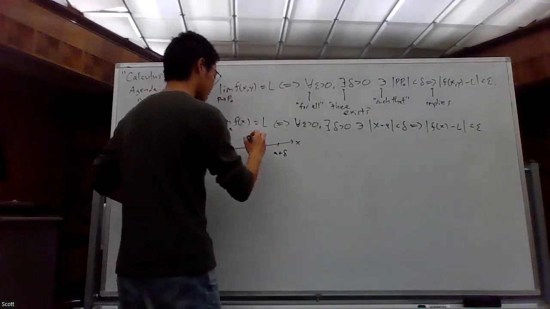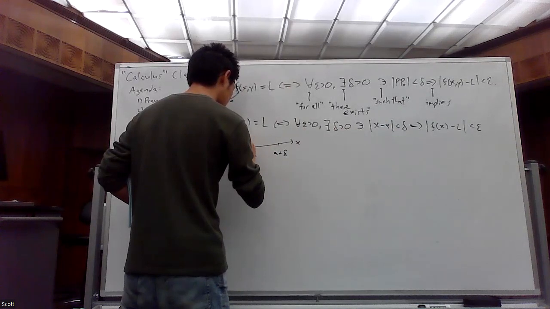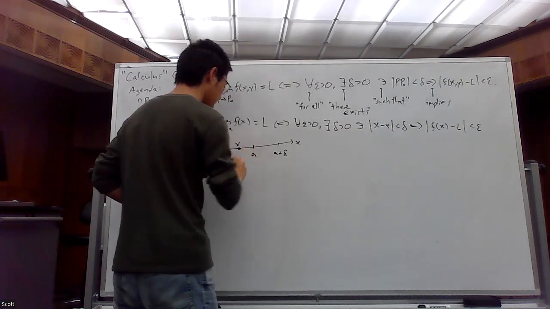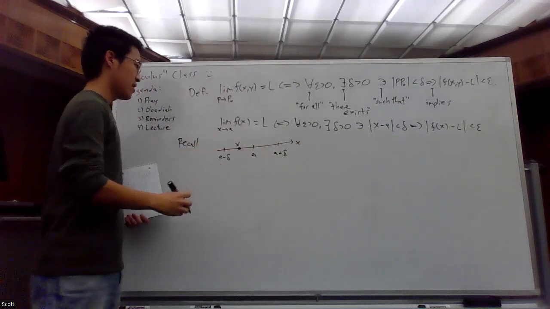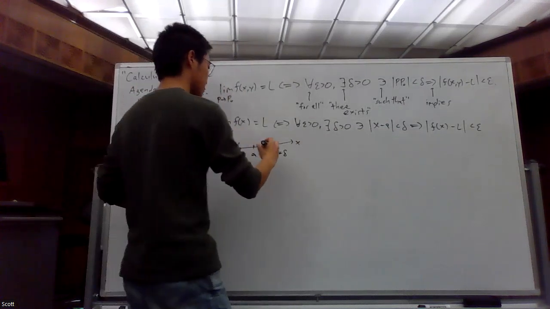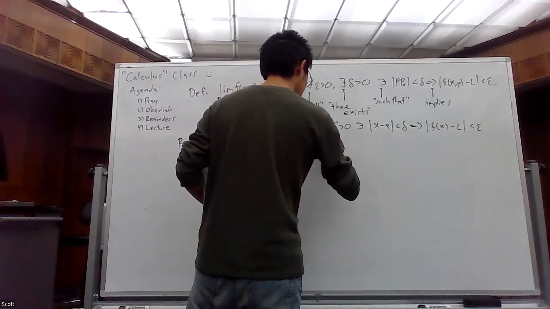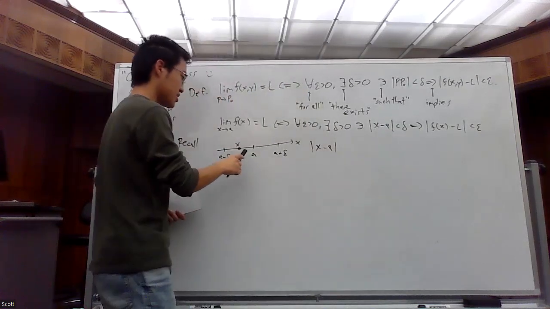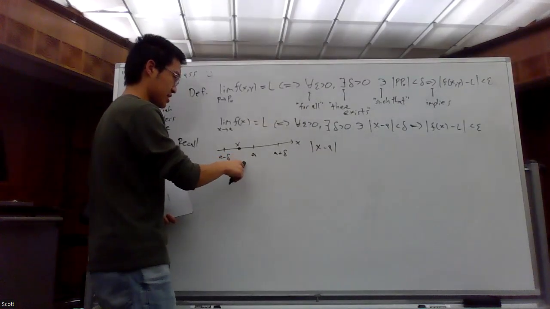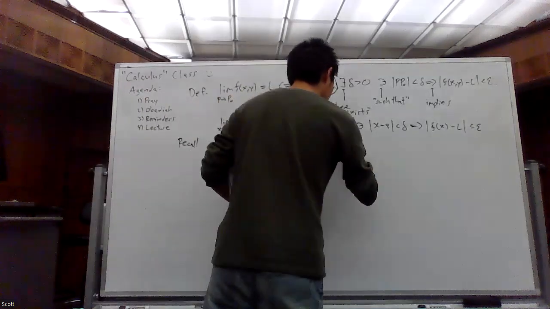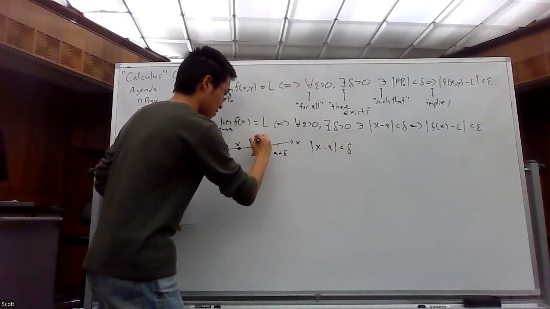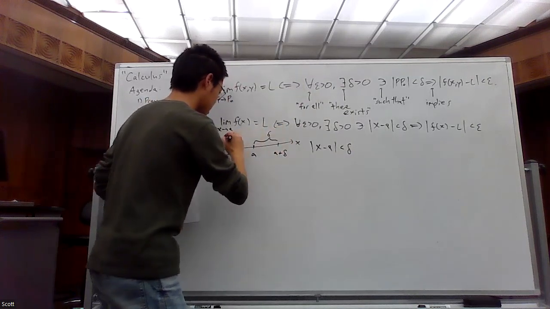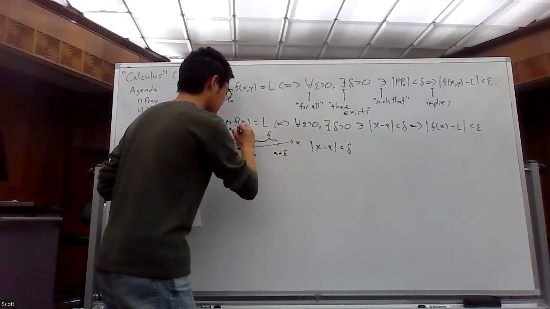And then we have some x value, regardless of what that x value is. This x value is what we're trying to push toward and approach a. We observe that the distance between x and a is always less than delta, because delta is the distance.